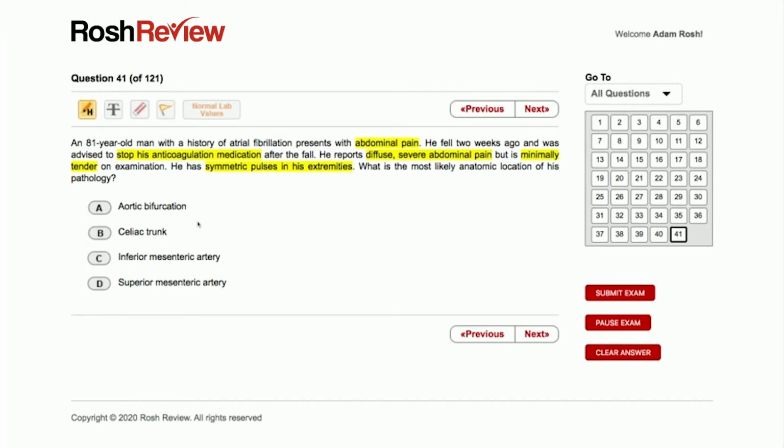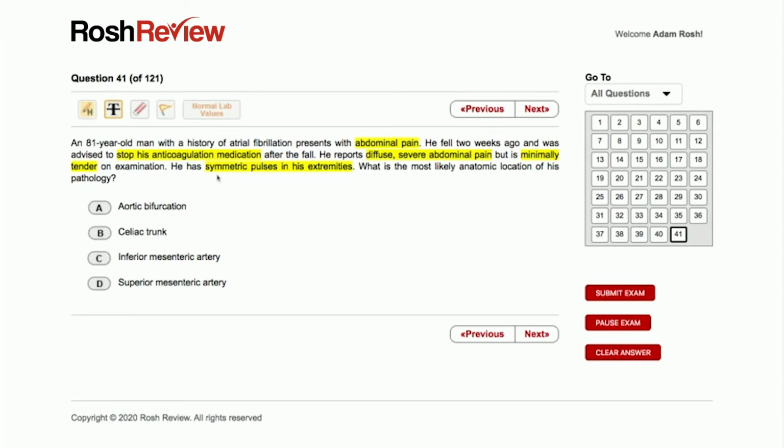Let's go through them. First, we have aortic bifurcation. Now, the aortic bifurcation, you can see thrombosis there, but it's a pretty wide caliber area. And if you clotted off the aortic bifurcation, you're going to get probably decreased or absent pulses in the extremities.